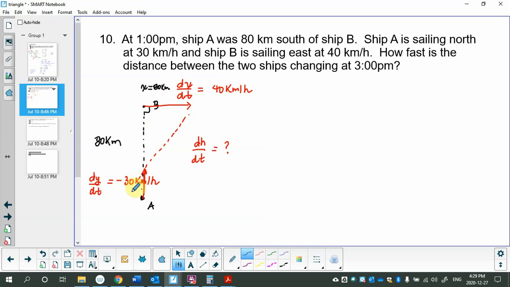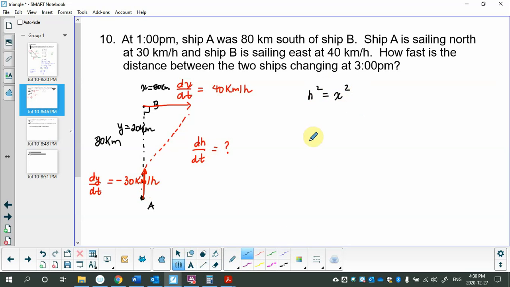It means that this boat, ship A, has been traveling for 2 hours at 30 kilometers an hour, so that means it's traveled 60. So our y value isn't 80 anymore. It's 20. And then we're going to have to figure out the hypotenuse using Pythagorean theorem.